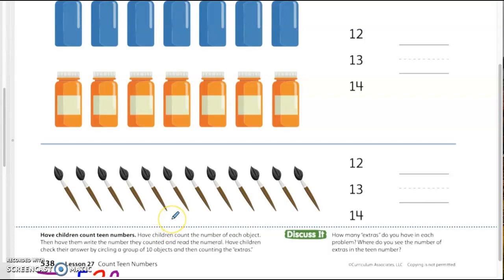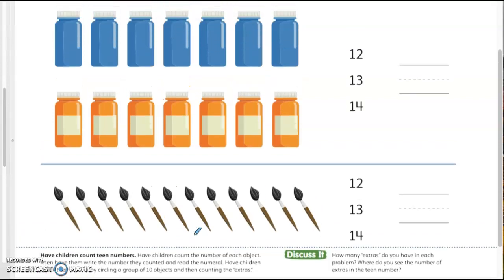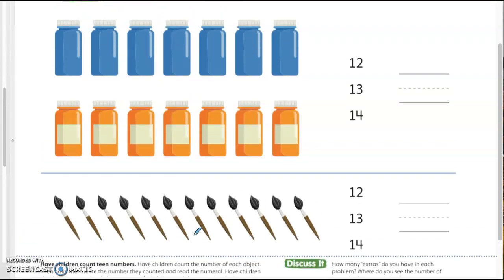So let's take a look at this page. It says, have children count the number of each object, then have them write the number they counted and read the numeral. Have children check their answers by circling a group of 10 objects and then counting the extras. So when I say count the extras, I mean what you're really going to do is you're going to know that there's 10 and then count the extras.